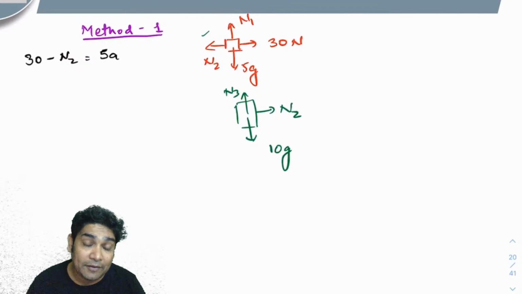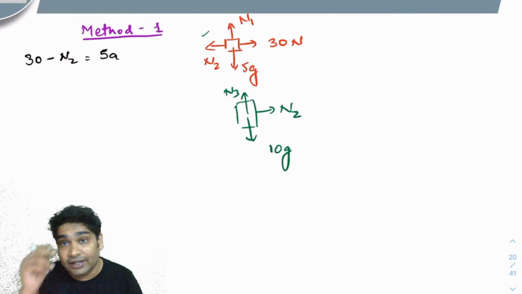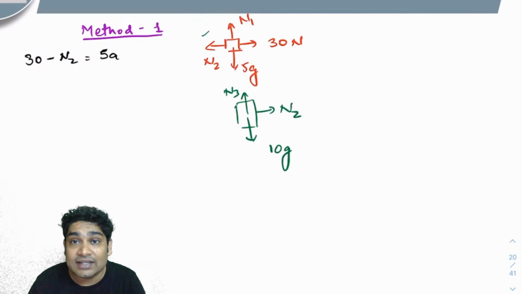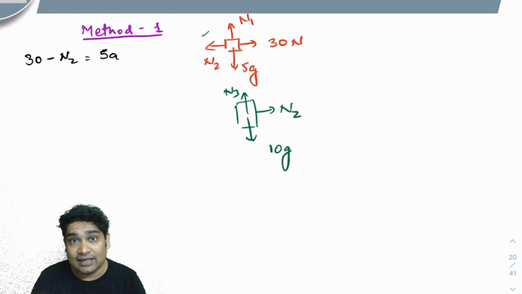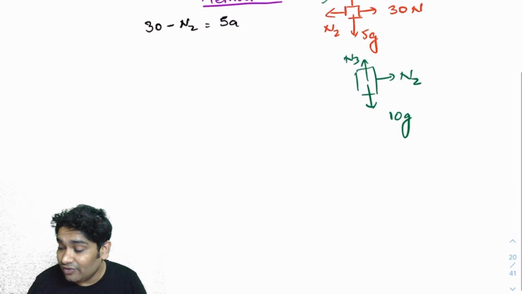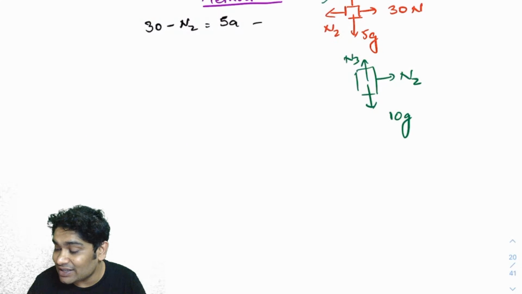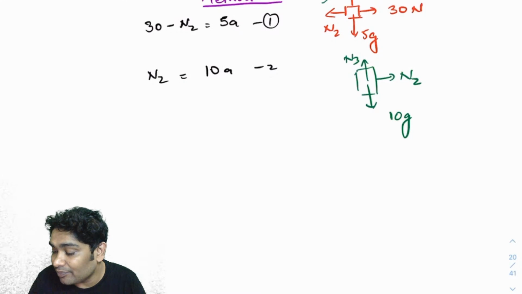It is in contact with the block and the ground, so it is feeling these forces. This is the FBD of the 10 kg block. Now in the x direction, this is my equation number one, and for this block, N2 equals 10 times A.